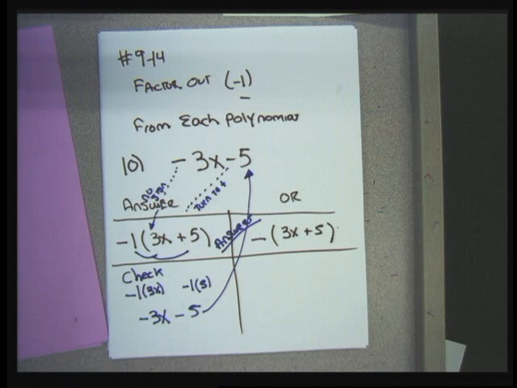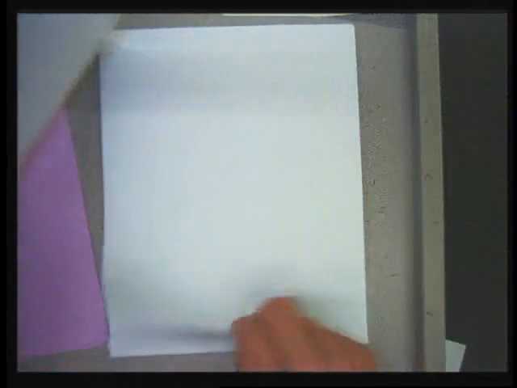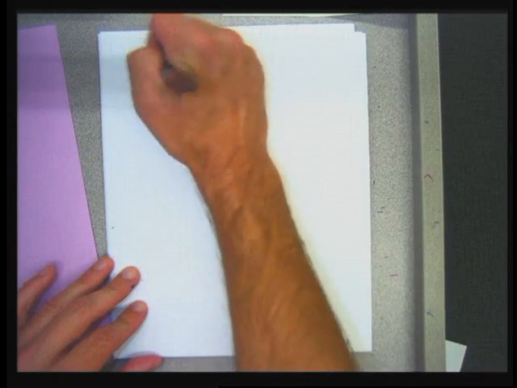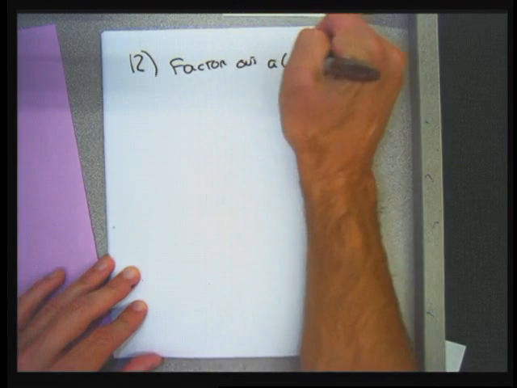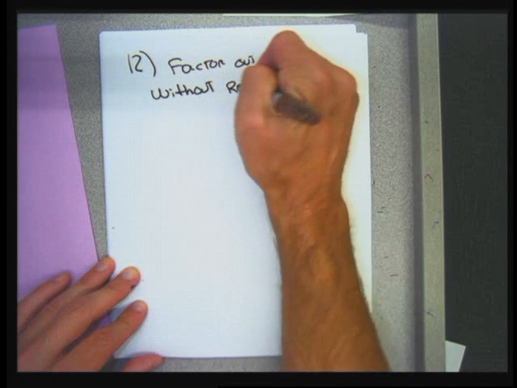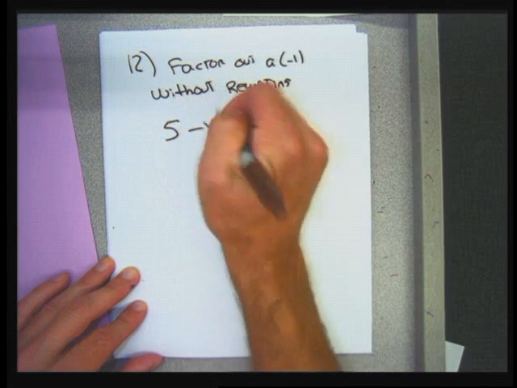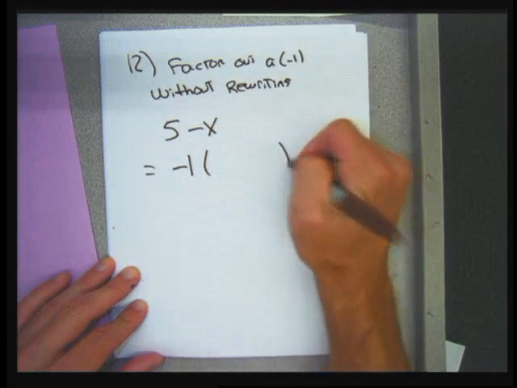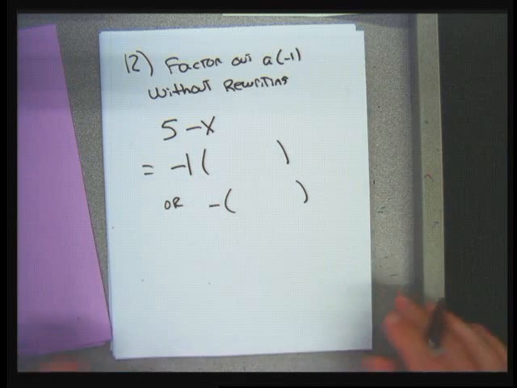12 and 14, you certainly can factor out a negative how the problem is written. It's an odd question to ask if the problem isn't written with a negative first. So I'll do 12 two ways. 12, I'm going to factor out a negative 1 without rewriting the problem first. So the original problem is 5 minus x. I'm supposed to write a negative 1 in front of a parentheses or just a negative. If you don't want to have the 1, you don't have to have the 1.